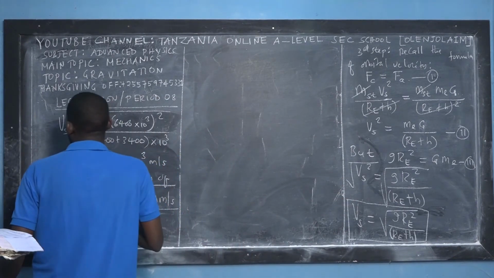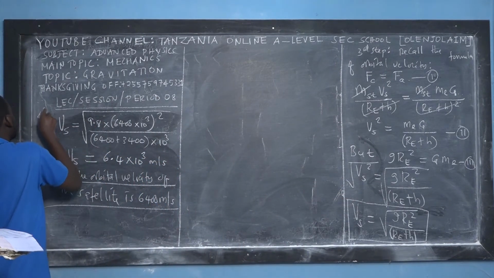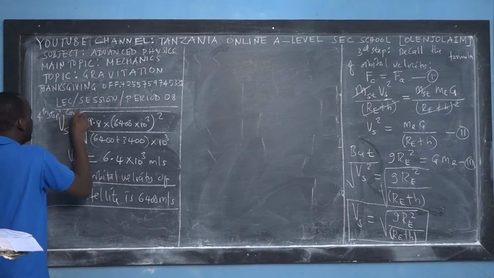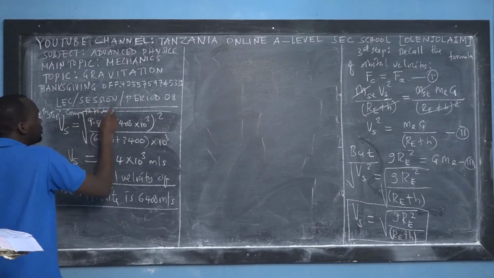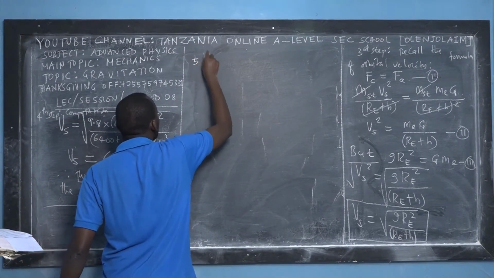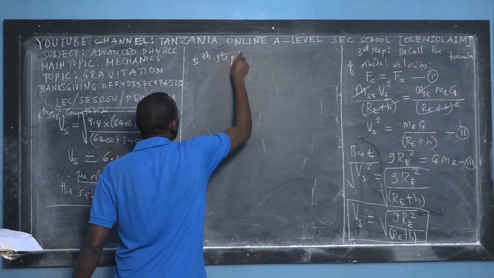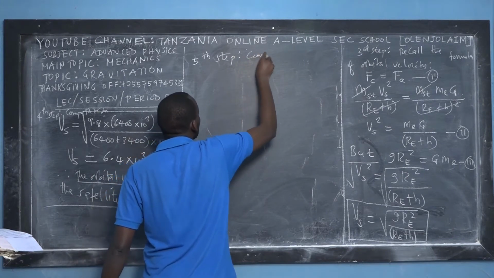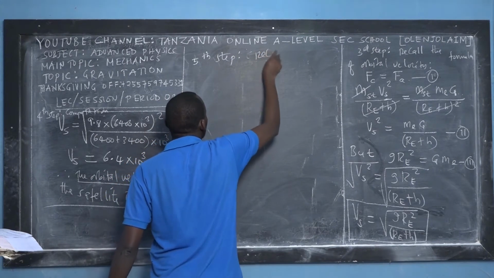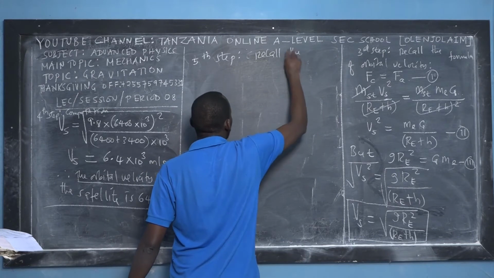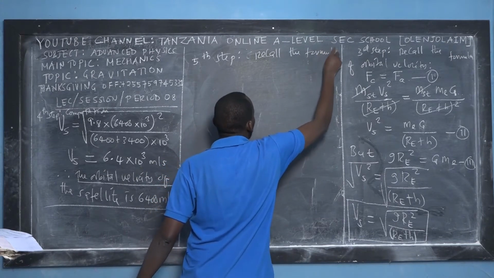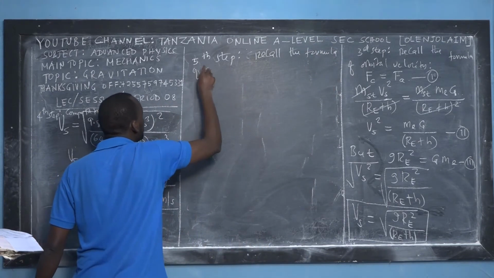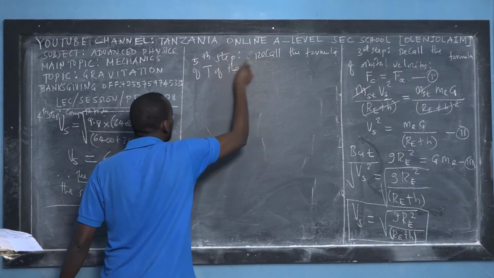So this is the first step of computation. Now the next step, we have to recall the formula for determining the period of the satellite.